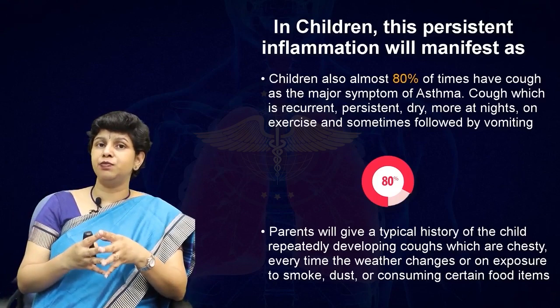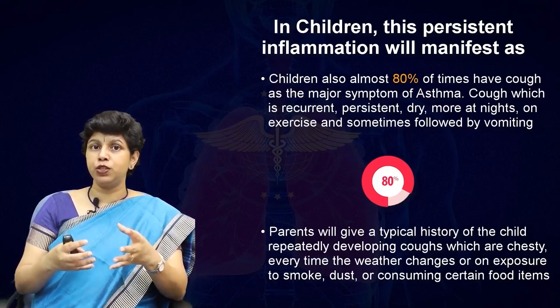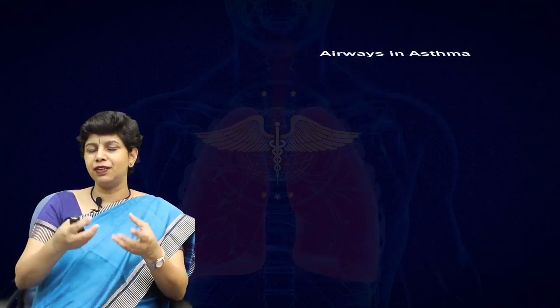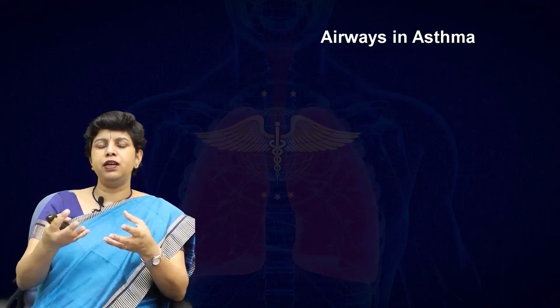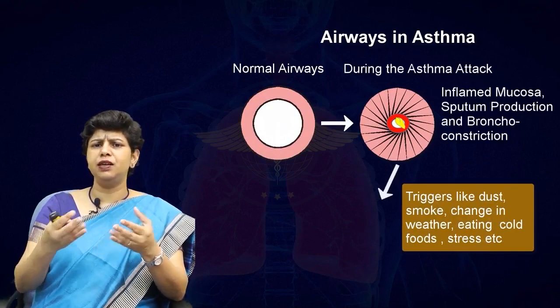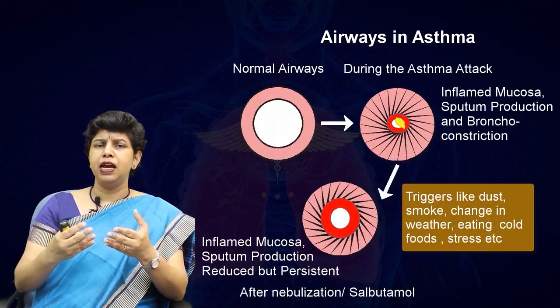Okay, so this is something that we need to keep our eyes and mind open to and ask in the history. Now, coming back to the persistent inflammation, whenever we have triggers like dust, smoke, change in weather, etc., the patient will come back with an acute episode.